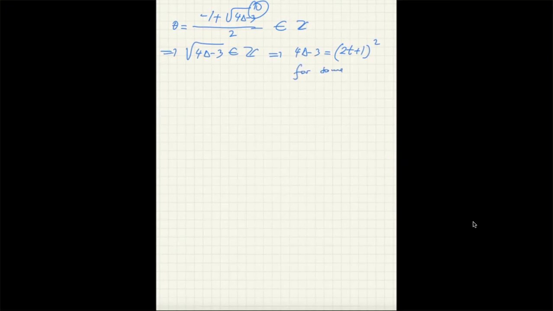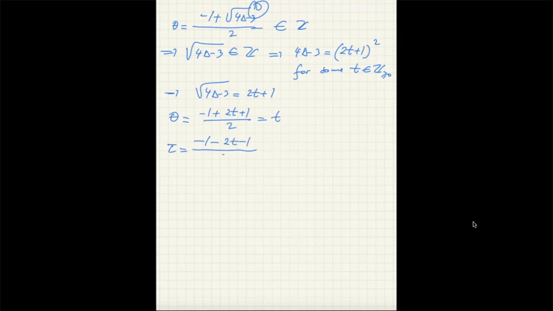So for some t, non-negative, the square root of 4 delta minus 3 is 2t plus 1. And so theta, when we calculate it, is minus 1 plus 2t plus 1 over 2, which equals t, and tau is minus 1 minus 2t minus 1 over 2, which is minus t minus 1. Okay, so all the eigenvalues are integers in this case.